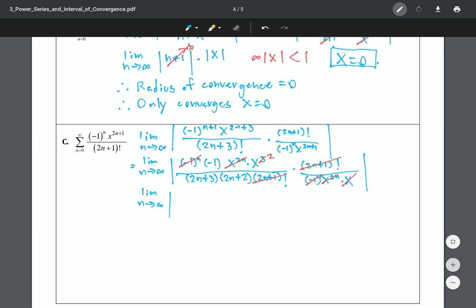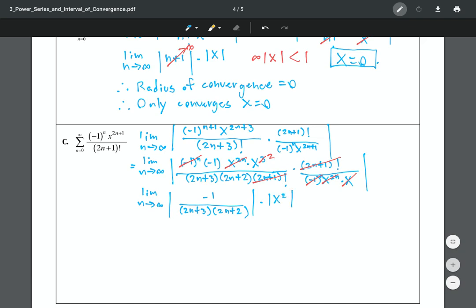I'm going to join all the n terms together. So in this case, I have a -1 over 2n plus 3, 2n plus 2, and all of that times the absolute value of x squared.